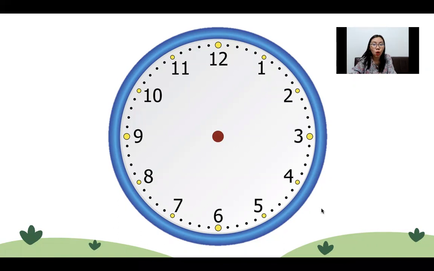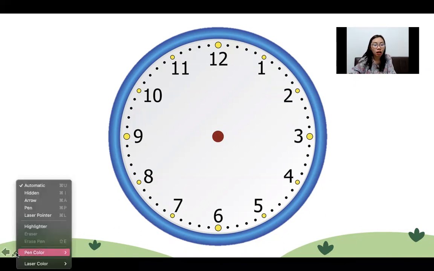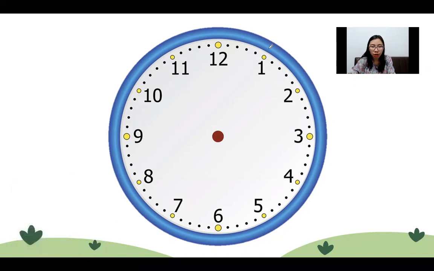Clock, C-L-O-C-K, clock. All right, so in a clock, we have numbers 1, 2, 3, 4, 5, 6, 7, 8, 9, 10, 11, and 12, right?